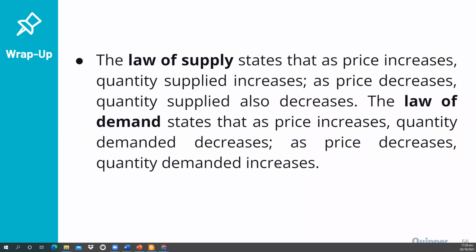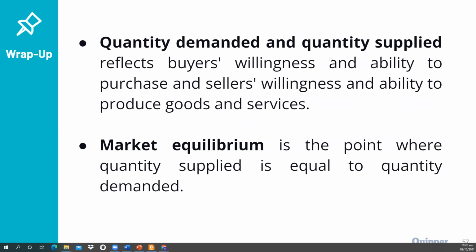Okay, the law of supply states that as price increases, quantity supplied increases. As price decreases, the quantity supplied decreases. Vice versa with the demand: if price increases, the quantity demanded decreases.